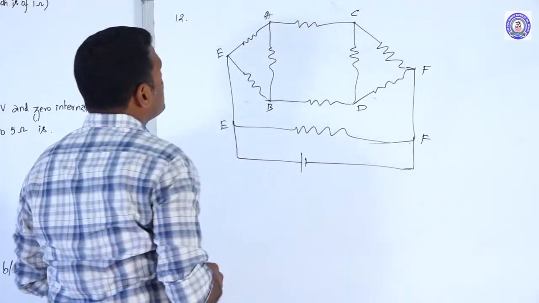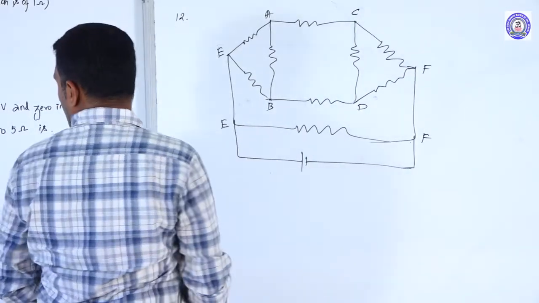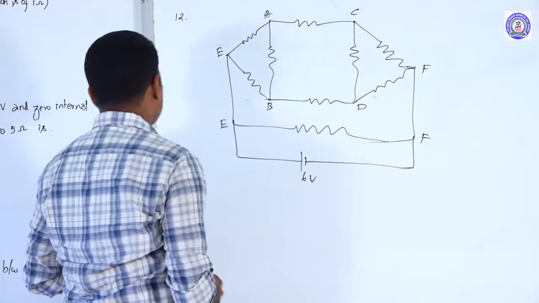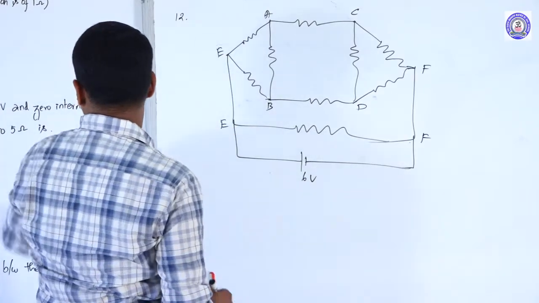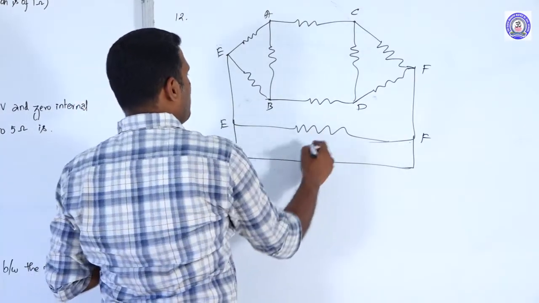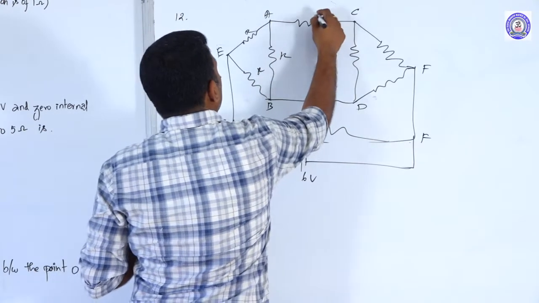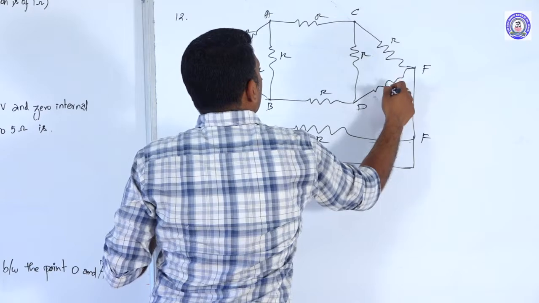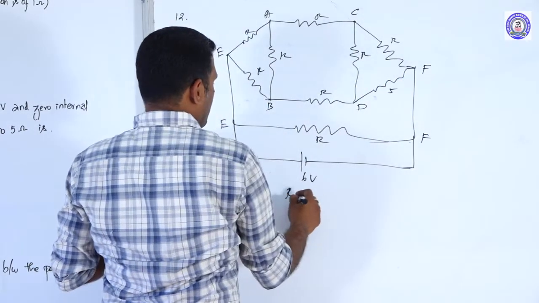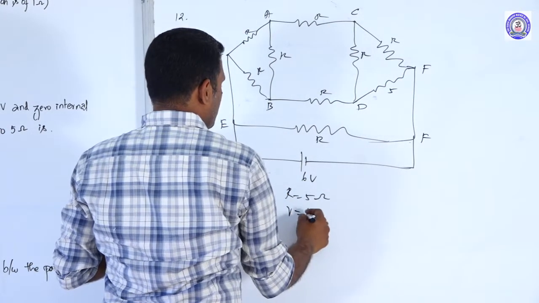This is how the circuit is reconstructed. This is a 6 volt potential. All the resistances are same, 5 ohm each. They are all R. They are all 5 ohm each. R equals 5 ohm. Potential equals 6 volt.